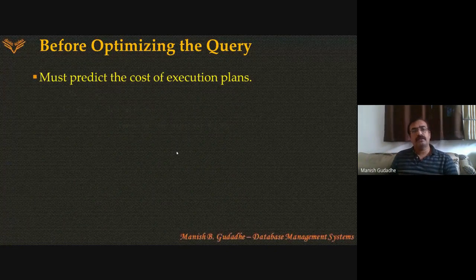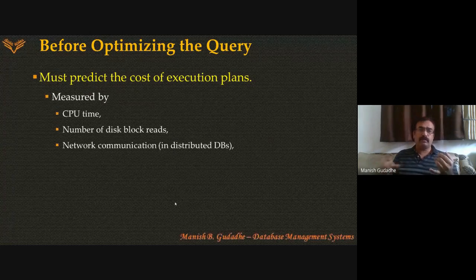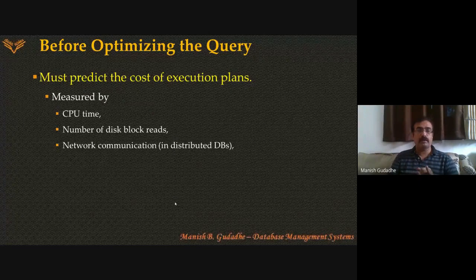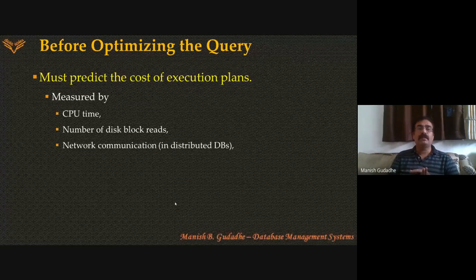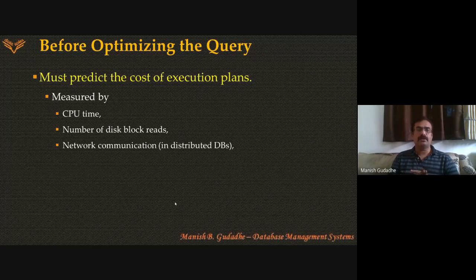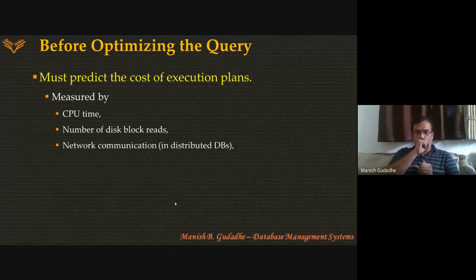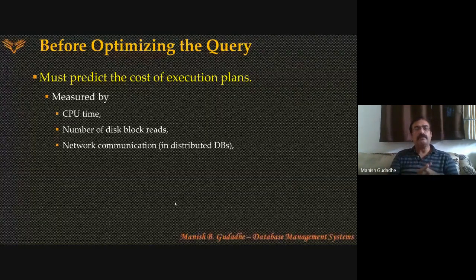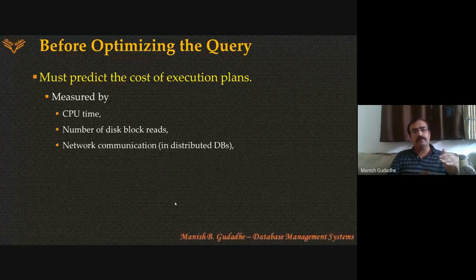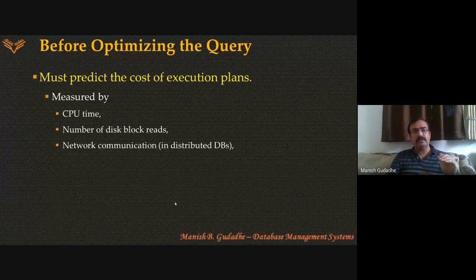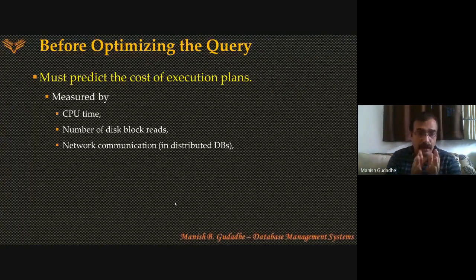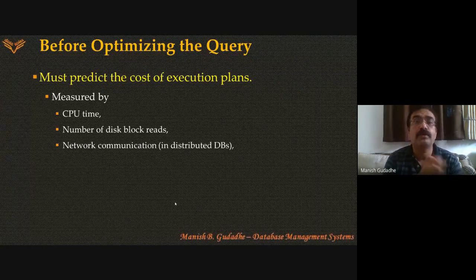It will be measured by CPU time, how much CPU time you are consuming, number of disk block reads, and the network communication if the data is distributed or you are asking for data from some other location.